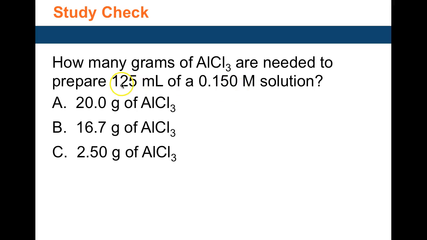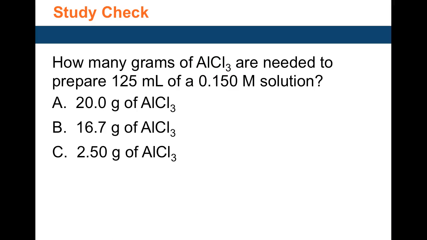So 0.125 times 0.150, that will give you the moles of aluminum chloride. Once you have the moles of aluminum chloride, you can multiply by the molar mass of aluminum chloride to convert it into grams.